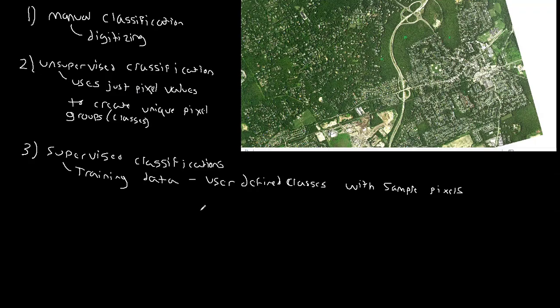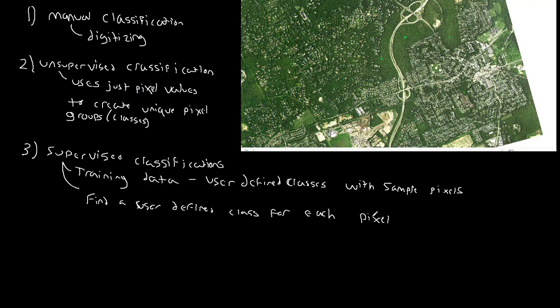All right, so what a supervised classification is going to do is take in that image and try to find a user-defined class for each pixel.